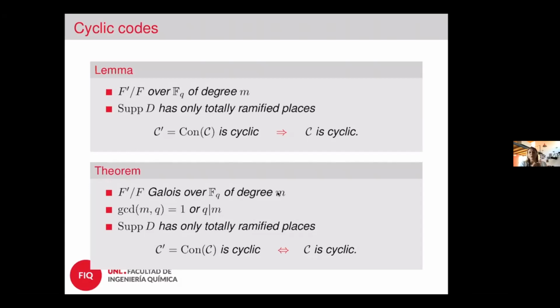And in the proof of this theorem, what we can see is that actually it's not only that if one is cyclic, the other one is cyclic too, but what we get is that they are actually the same code.